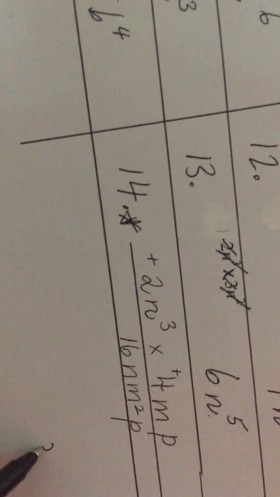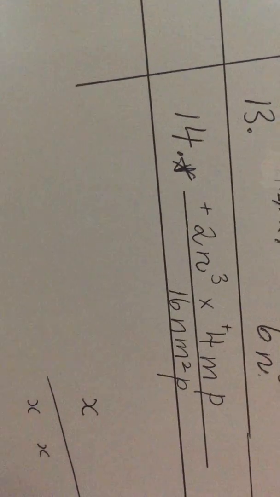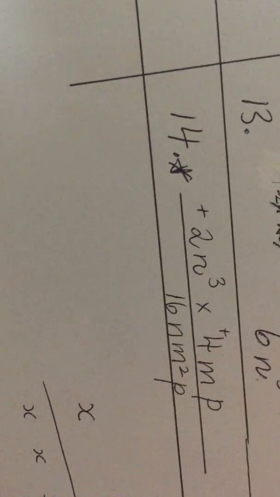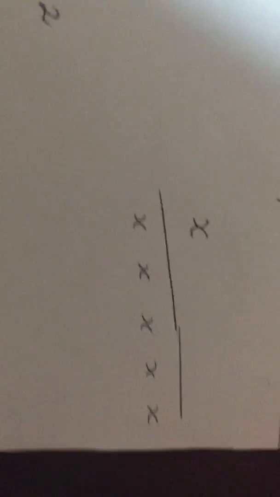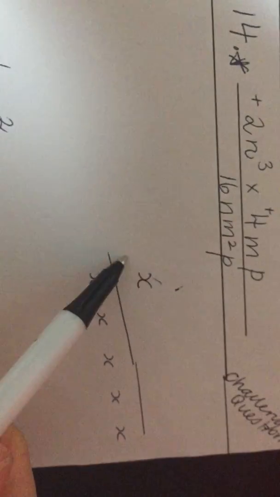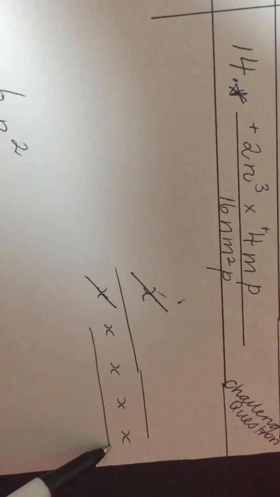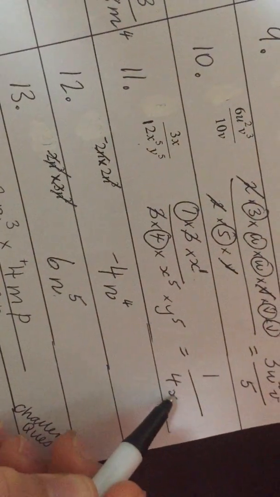If we think about x on the bottom, and 5 x's down the bottom, it's just a lot of writing out. But if we have an x at the top and 5 x's at the bottom, then naturally that one's going to get cancelled and it's going to marry up with another one. So we're going to have 4 x's left.